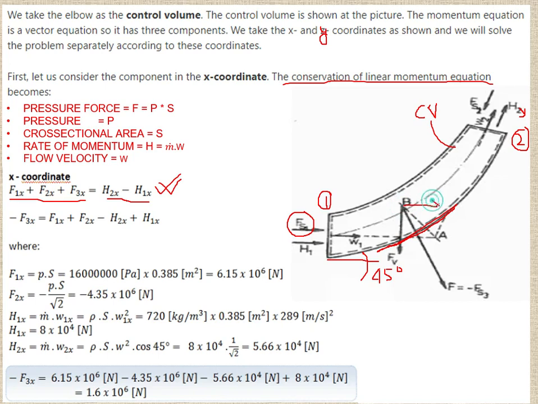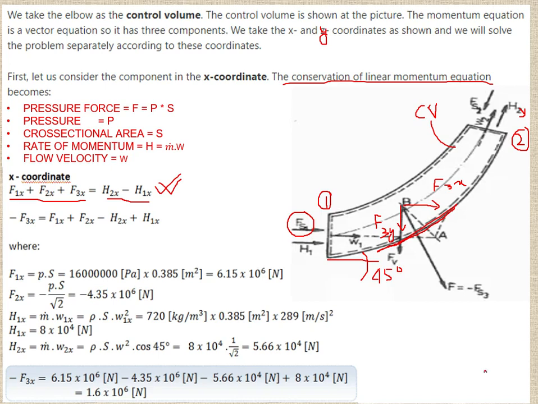One component is F3x, and the second component is F3y. We are not considering a z component here because we do not see any force acting in this direction.